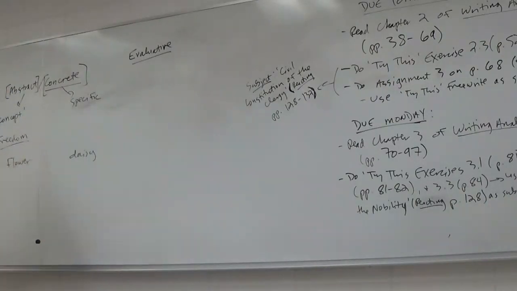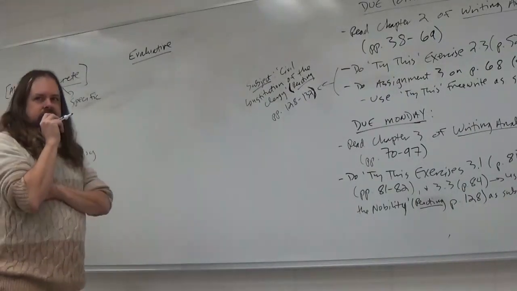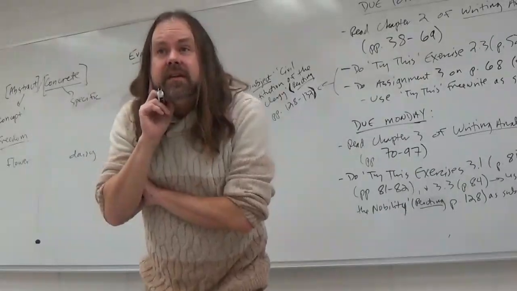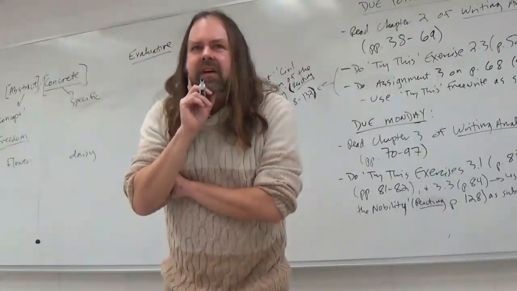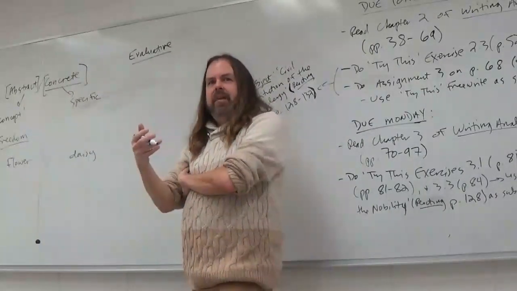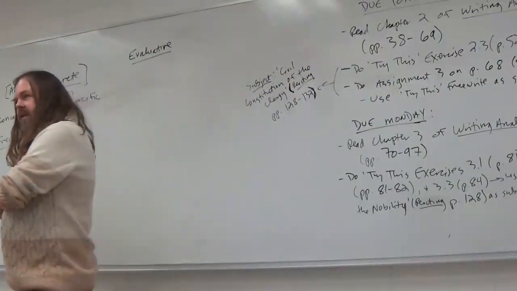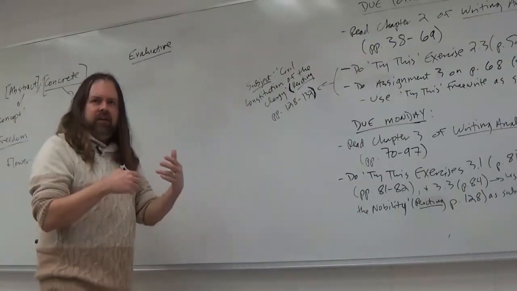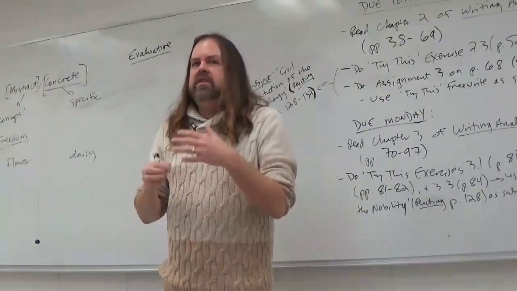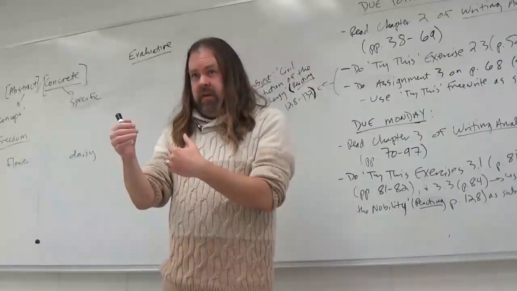And what are we doing when we evaluate something? Examining. Okay, you are examining it, right? But you're examining it for what purpose? If you're evaluating something, what other word is in the middle of evaluate? Value, yes. So essentially what you are doing when you evaluate is you're looking at something to try to determine its value.